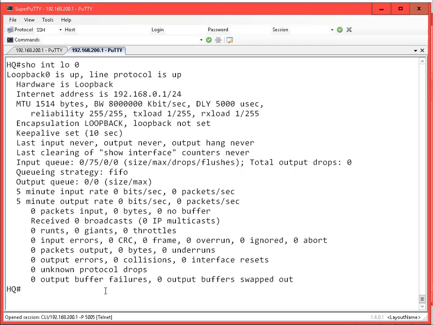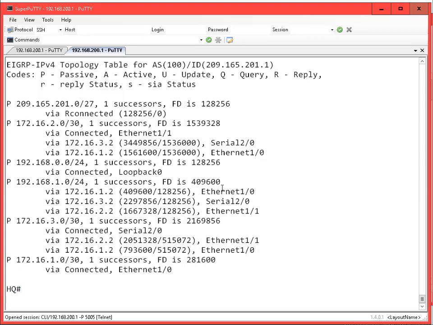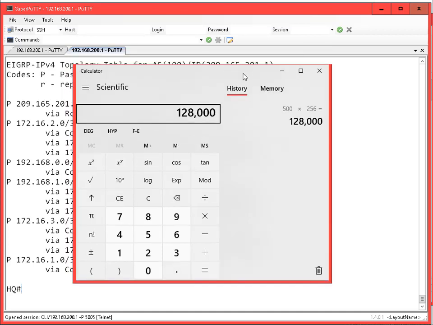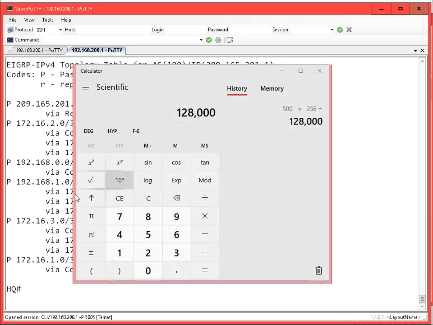And then the delay was 500 times 256, which gives us our value here, 128,256. Although it didn't give us 128,256, did it? It gave us 128,000. I think that's what it did. 500 times 256, yeah, 128,000. What's going on here?